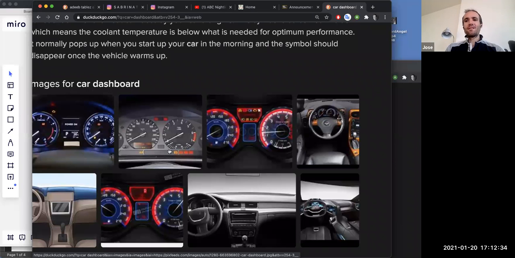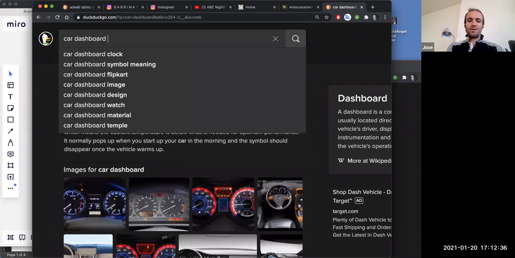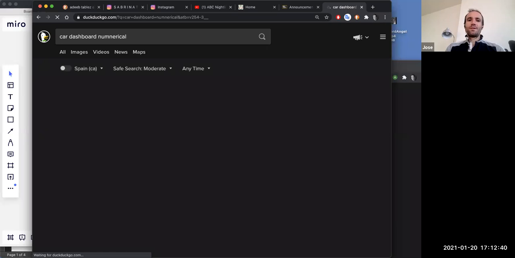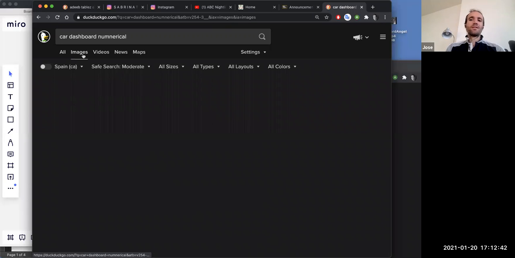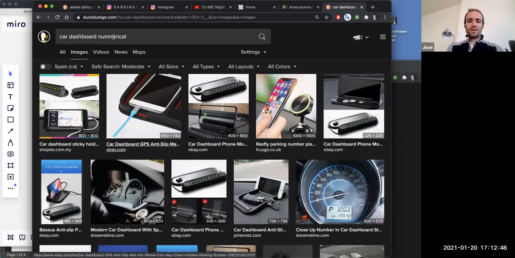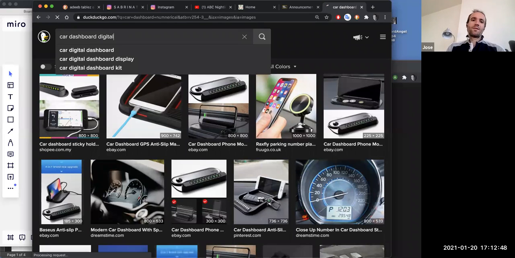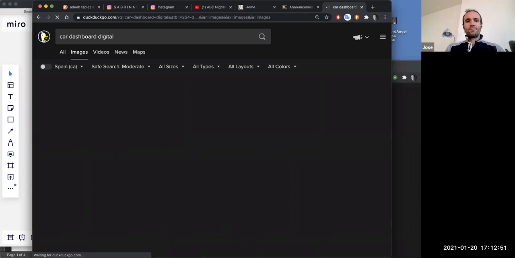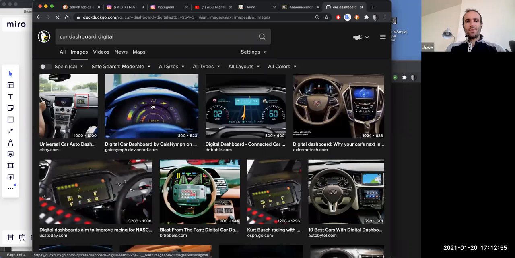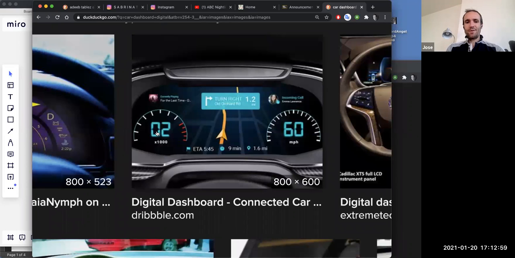But in the 1970s, for example, some brands like Toyota, Citroën, they experimented with innovative car displays like digital. Like, for example, having numbers, okay?